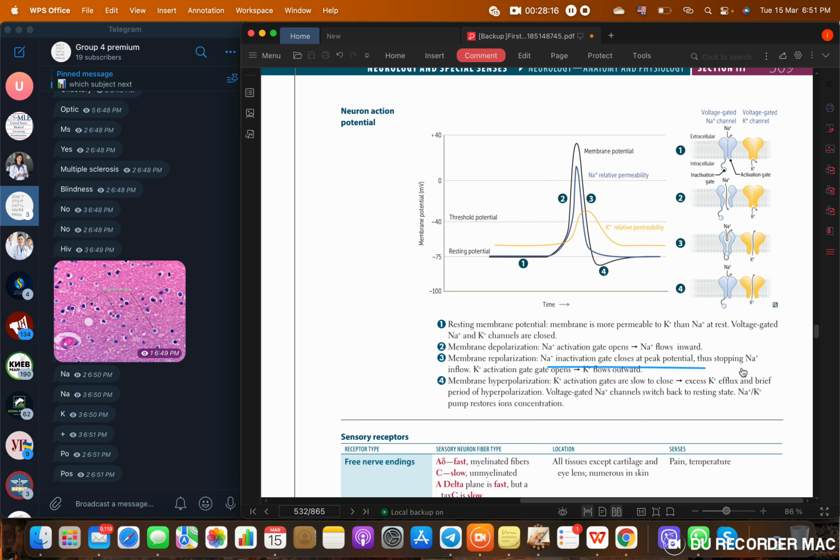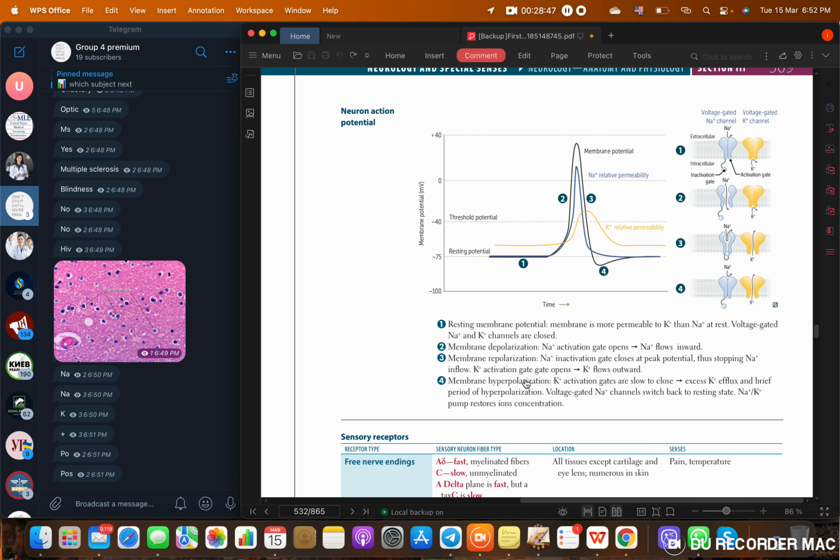Sodium inactivation gate closes at peak potential, thus stopping the sodium inflow. So at one point, there will be a movement of so much sodium that it will reach a peak, and then it will go down, okay? After it reaches the peak, the sodium channel will close, and there will be a potassium activation of the gate, and the gate will be open, and we will have potassium flowing outward, okay?